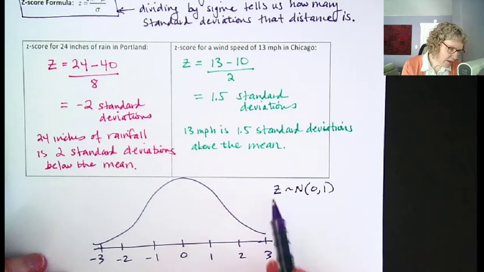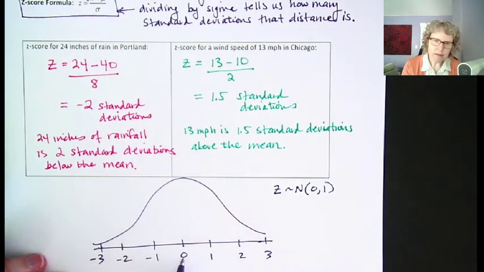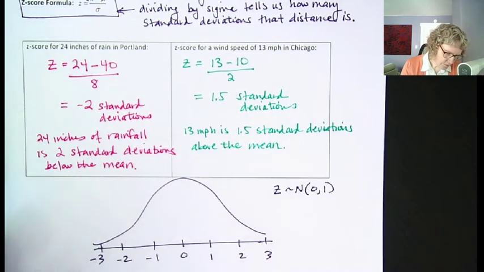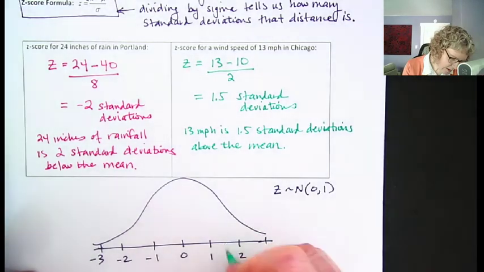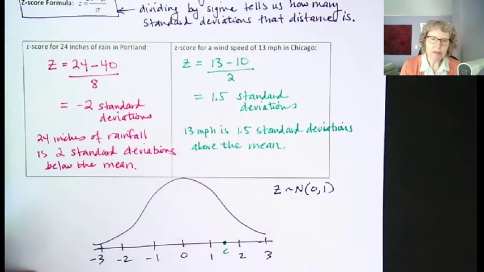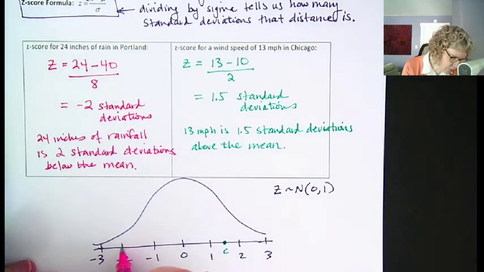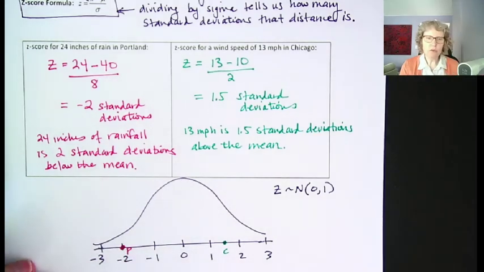Okay, so that is our Z, and then let's notice where Portland and Chicago were on here. So Chicago was 1.5. I'll put a C for Chicago. And then Portland was at -2. So there's Portland. So which one was more unusual?